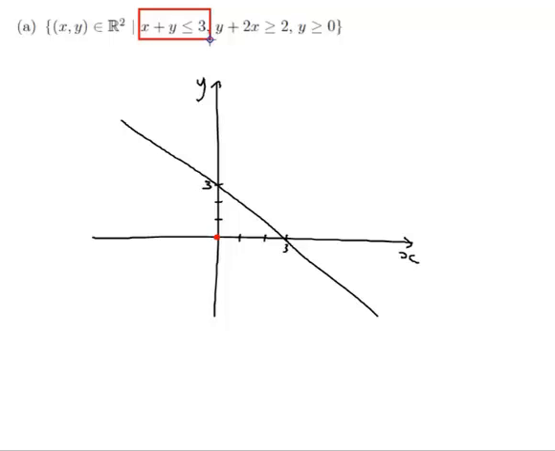So if I put 0, 0 into my formula, that would give me 0 plus 0 is less than or equal to 3, which is true. So therefore the origin is part of my set, so this bottom half of the line is where x plus y is less than or equal to 3. So I want this bit here.